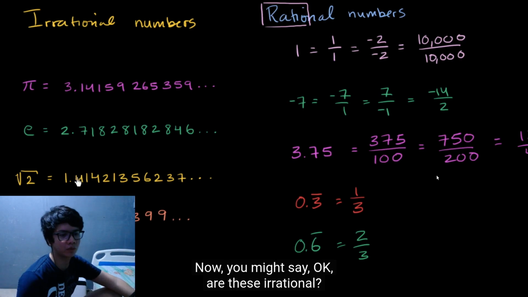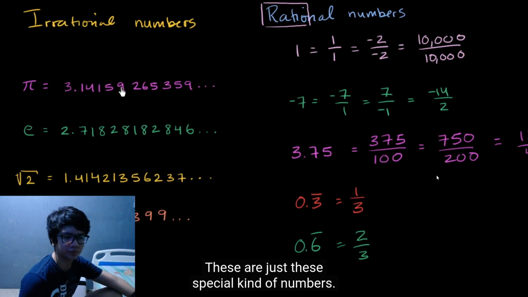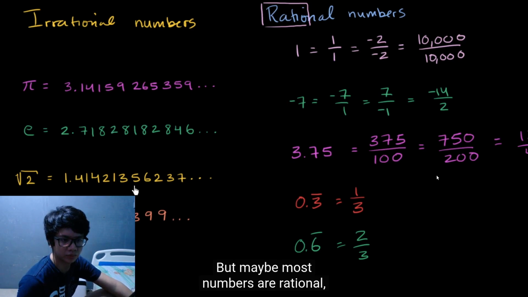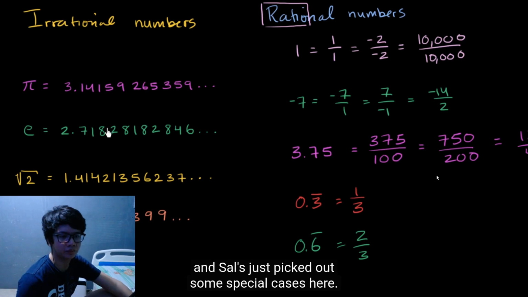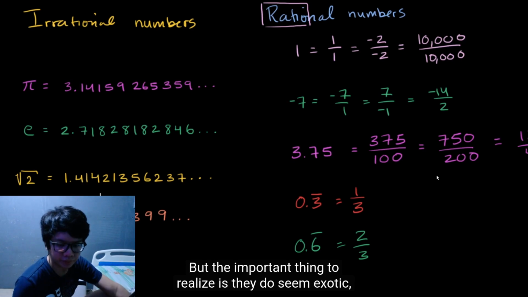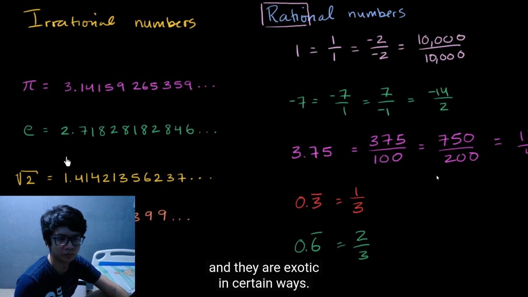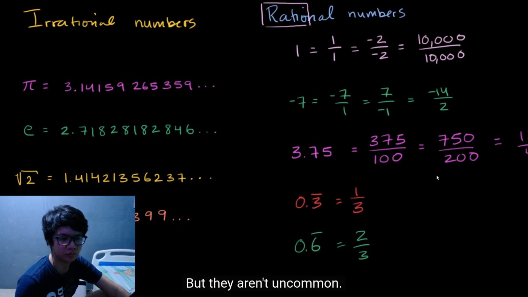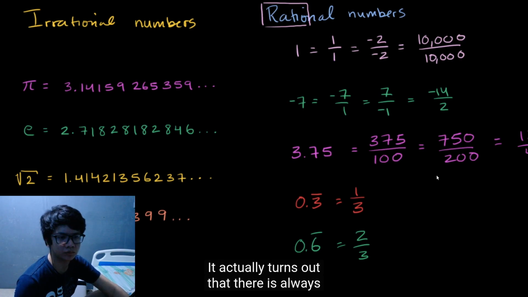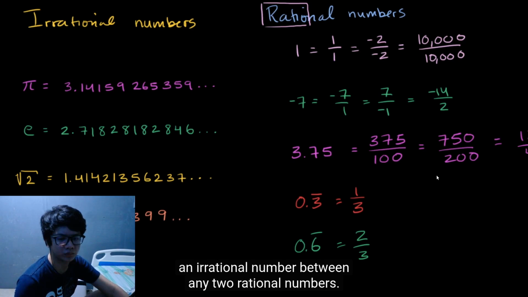Now you might say, okay, these are just special kinds of numbers. Maybe most numbers are rational, and Sal's just picked out some special cases here. But the important thing to realize is they do seem exotic, and they are exotic in certain ways, but they aren't uncommon. It actually turns out that there is always an irrational number between any two rational numbers. And we could go on and on. There's actually an infinite number, but there's at least one.